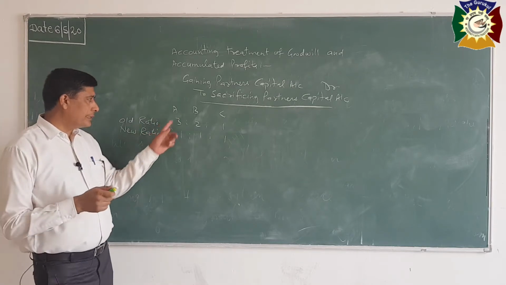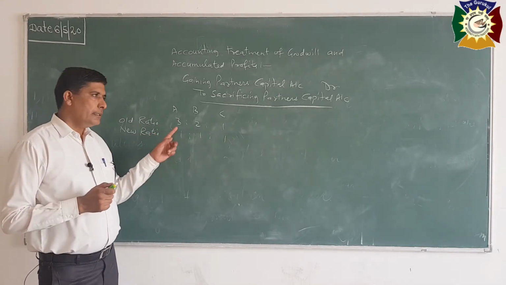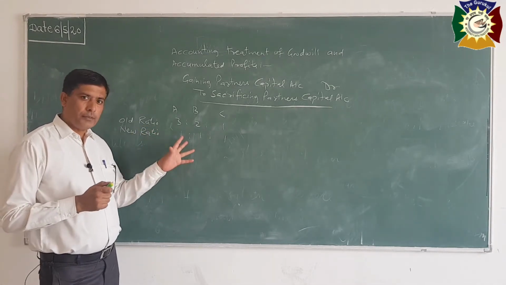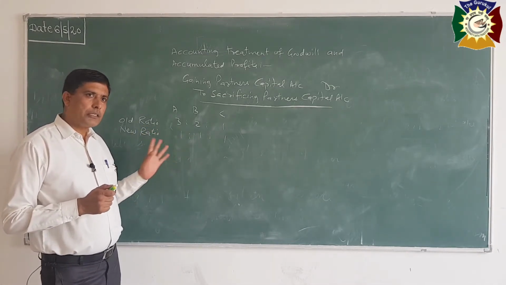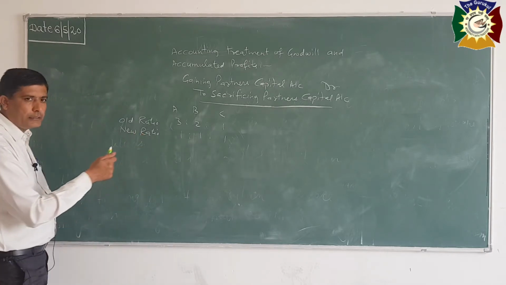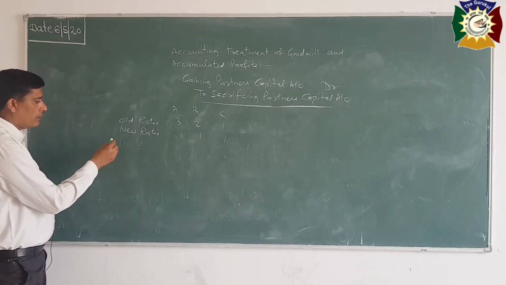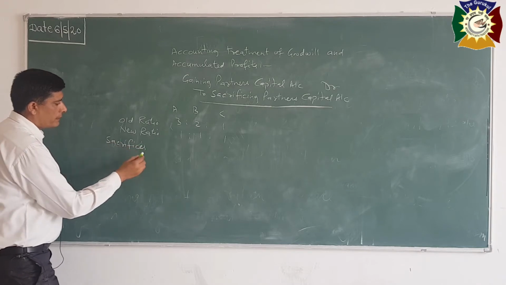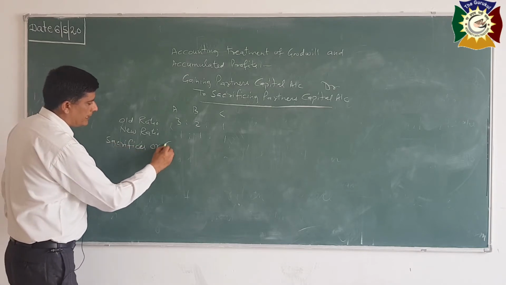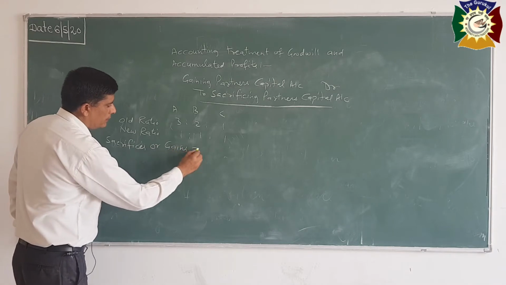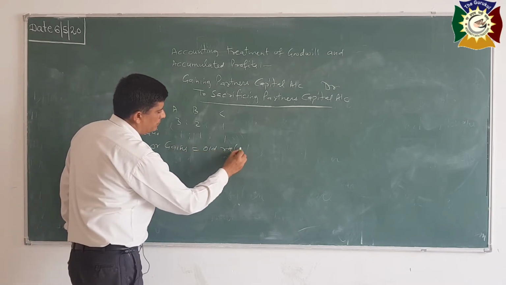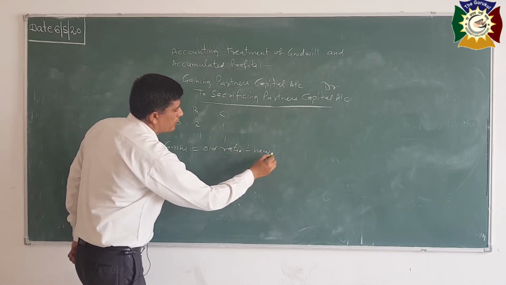Due to this change, there will be some sacrifice or gain in the shares of different partners. So first we will calculate sacrifice or gain. We will apply the formula: sacrifice or gain is equal to old ratio minus new ratio.